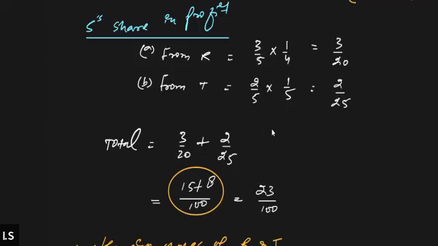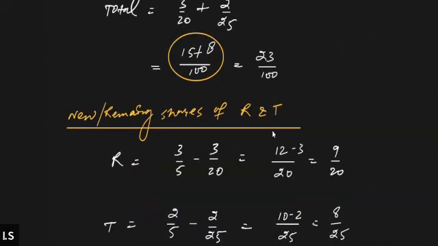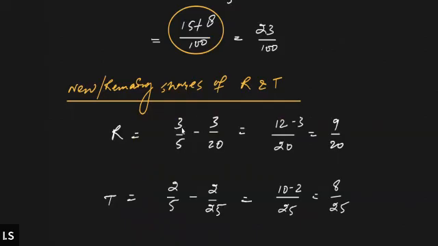Now since we got S's share, we can determine the new shares of the remaining partners R and T. This is the old share, and out of this R has sacrificed 3/20 in favor of S, so subtracting this, the remaining share left in the hand of R will be 9/20.